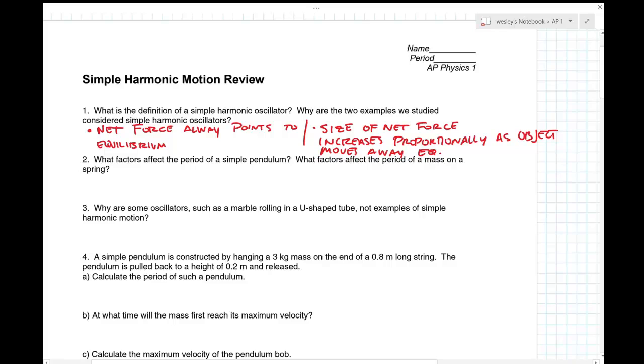Those two things are what make simple harmonic motion simple harmonic motion.